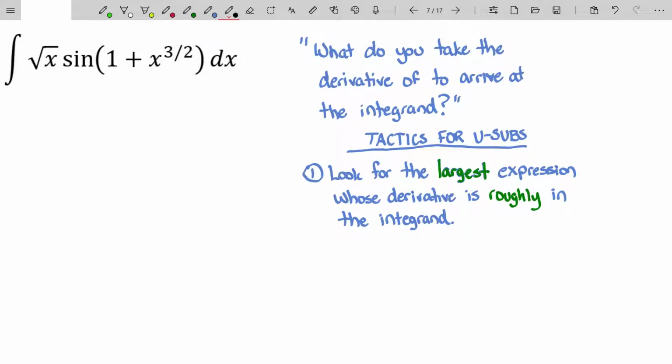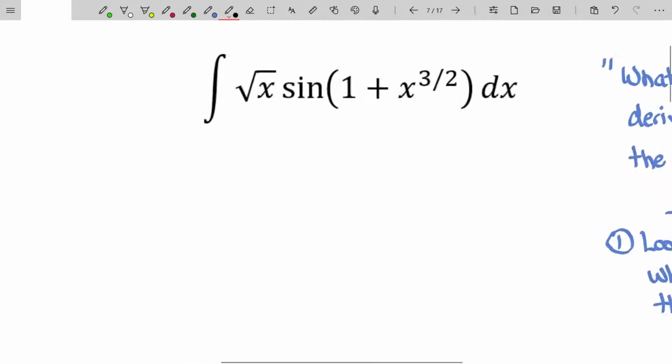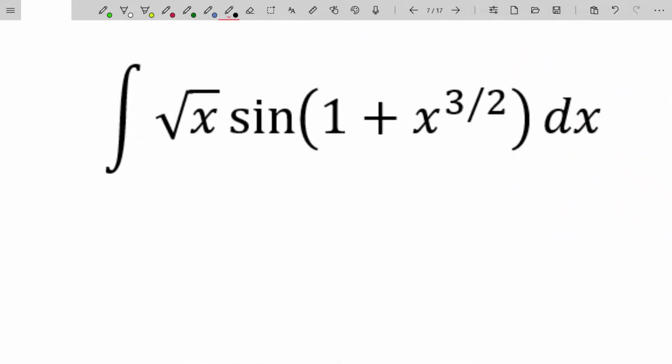And also try to make that expression something whose derivative is also in your integrand. So looking at this guy right here, there's a lot of messiness with this. And I'd really love it if that wasn't a sine of all that mess right there. I would really love it.